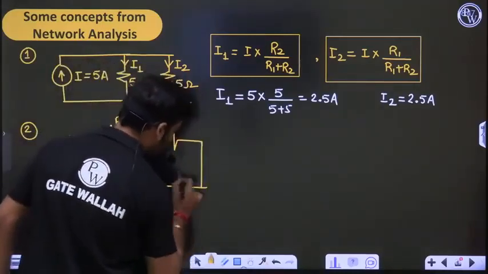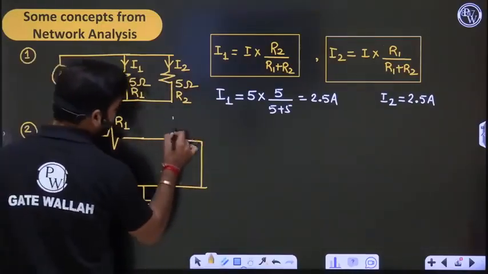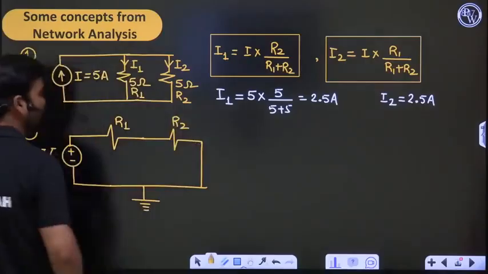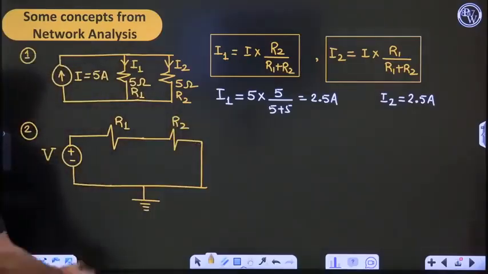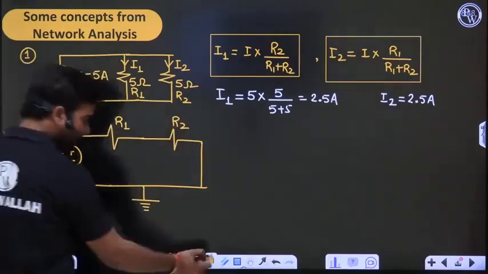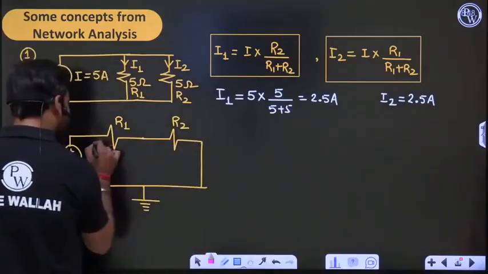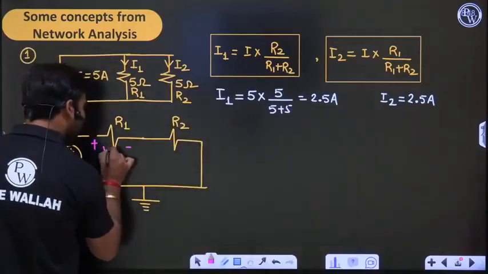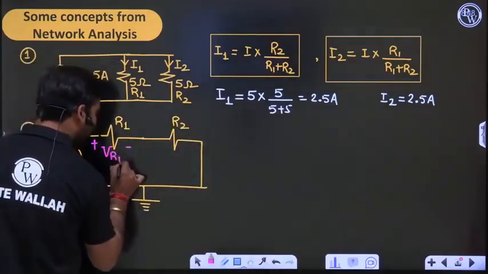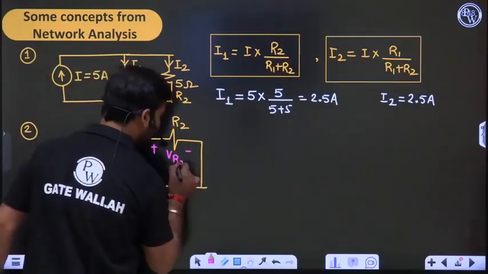No doubt this is your ground, and this is R1, this is R2. This is very interesting. Now you have to calculate the voltage across R1 and the voltage across R2. For the voltage across R1 we can give the name VR1, and for the voltage across R2 we can give the name VR2.